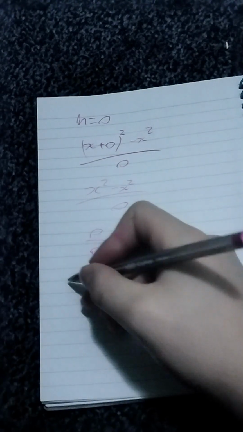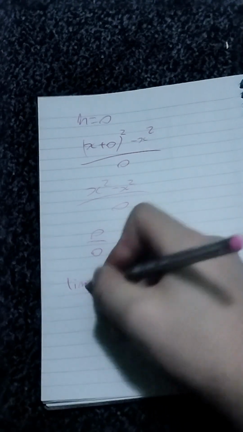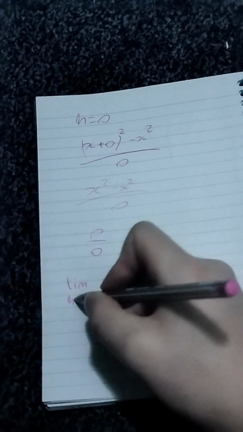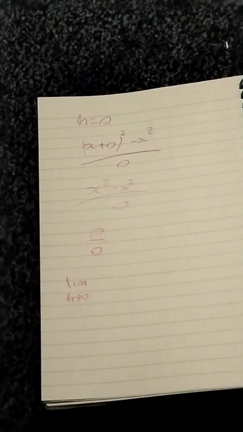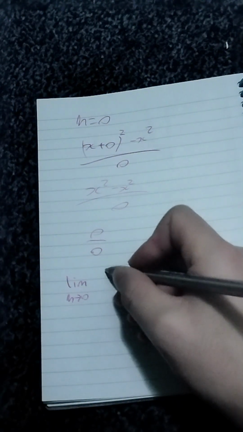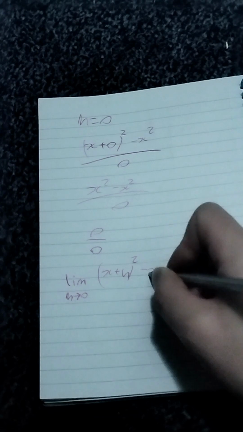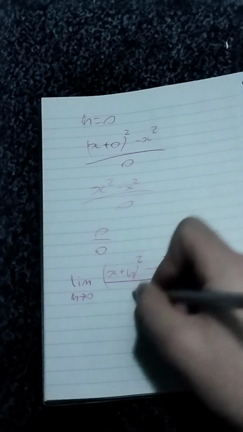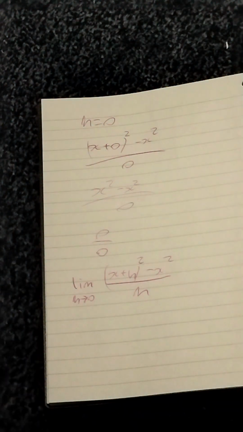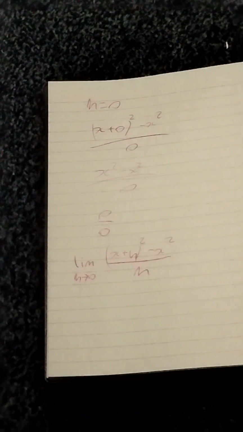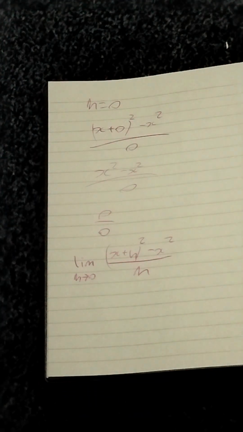However, we know that we just want h to be 0. So if we put in a new thing called a limit, limit as h approaches 0, we can have x plus h squared minus x squared over h. How nice. Now, let's do a bit of algebra on this.